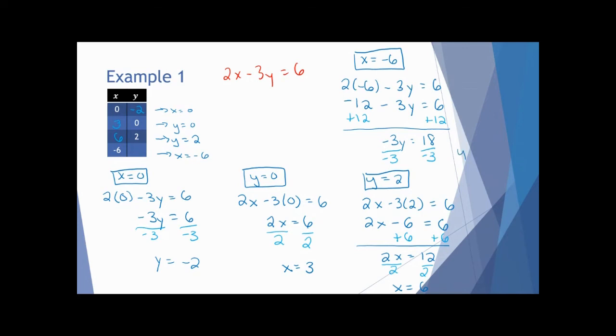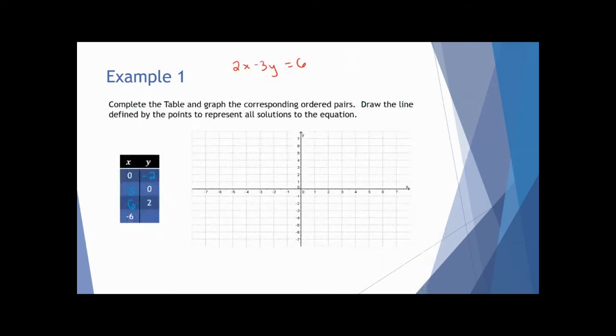And that gives me y is equal to 18 divided by negative 3 is negative 6. It's definitely blending in. Let me just switch to black so you can see that. So I'm going to put -6 in on my table. And then I'm over here also plugging in -6 into the table.